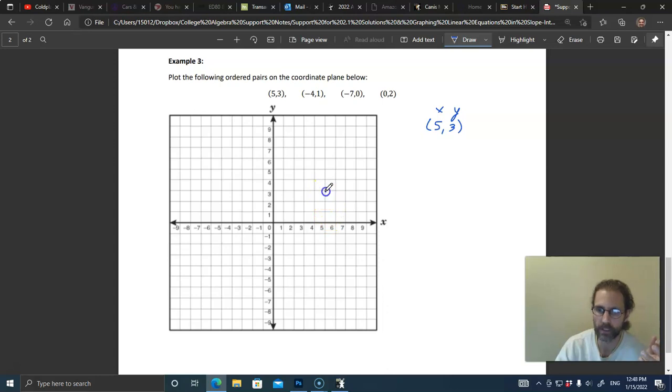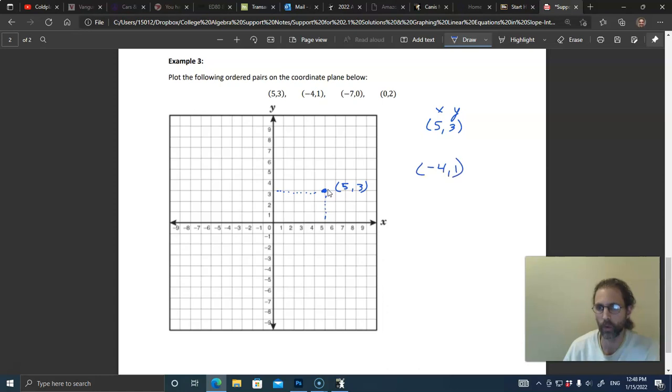Now we stop, and that's where we plot the point. You can see that when that's done, that point is above the x-axis at 5 and to the side of the y-axis at 3. We can even label it. And that's how you're going to do the rest of these.